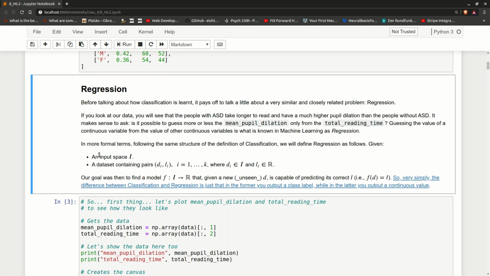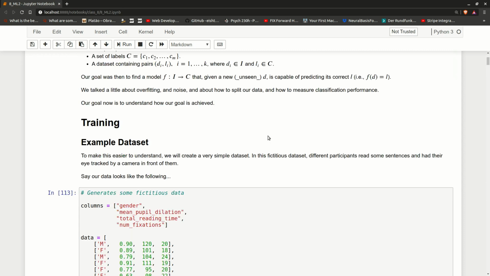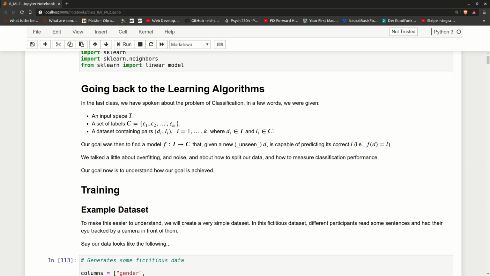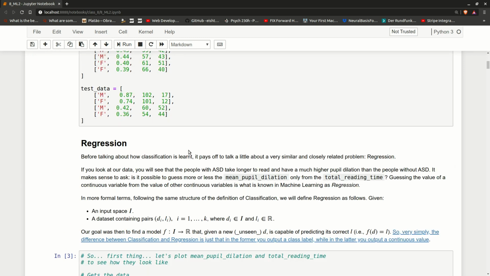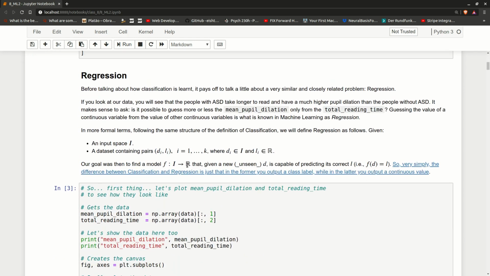If you remember from classification, which was just above here, we had an input space I and a set of labels C, and our goal was to create a function that would take an element of the input space and output a label. So it would output a color in our case, or whether the dog was a German Shepherd or a Chihuahua, or cat or not cat, spam or not spam, etc. In the case of regression, instead of a class, we have a number.